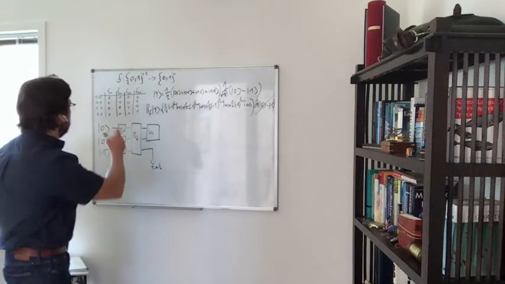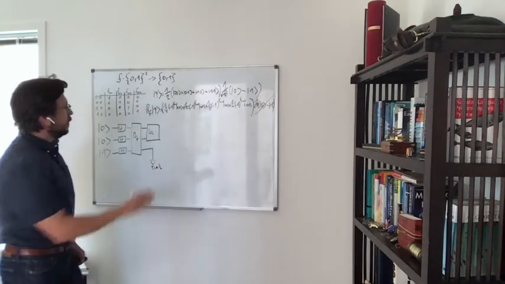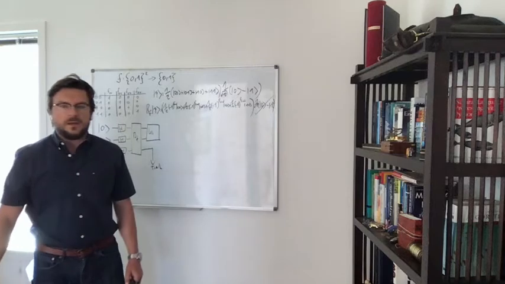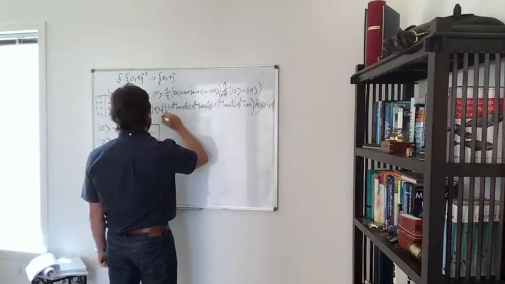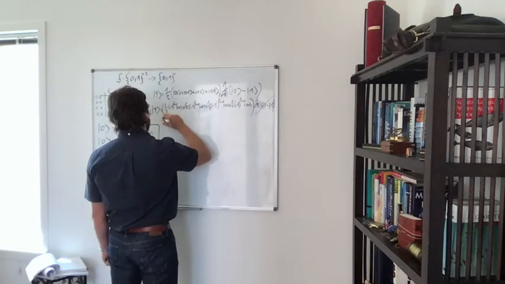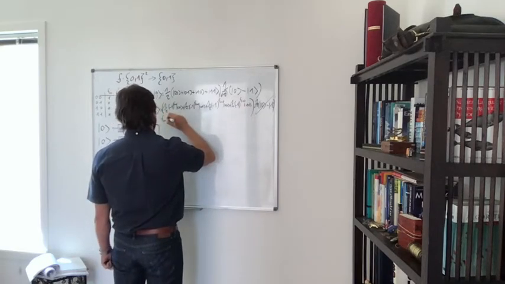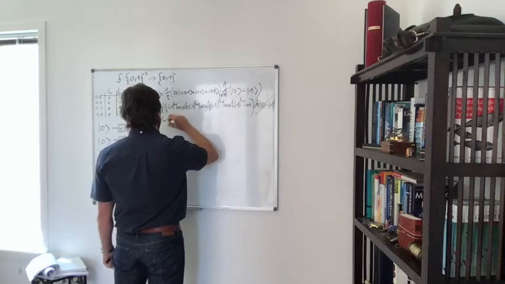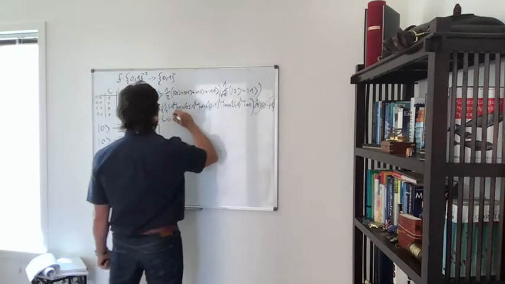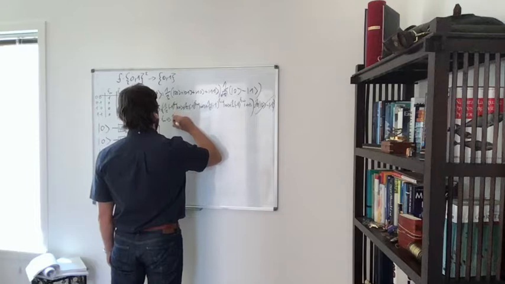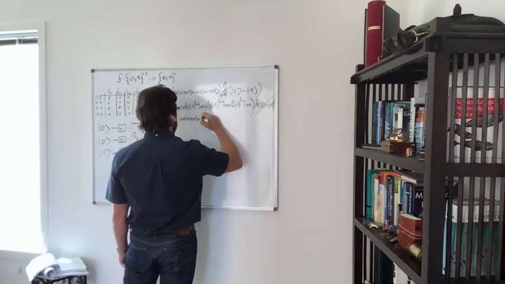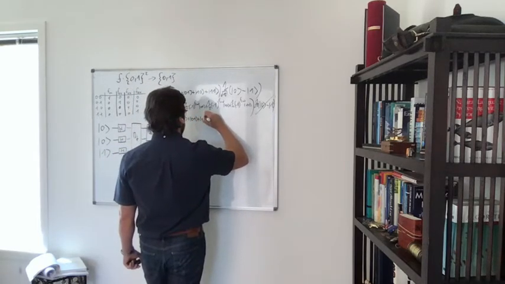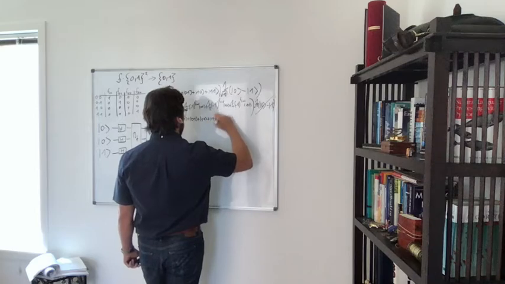And now, of course, for all of these 4, we will have different phases here. Let's write that down quickly. Different relative phases. So let's say it is f of 0, 0. Then the result will be 1 over 2 times minus 0, 0 plus 0, 1 plus 1, 0 plus 1, 1.